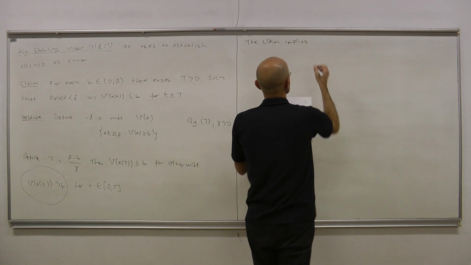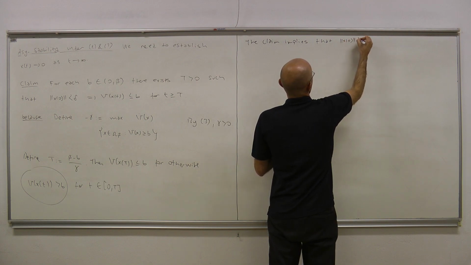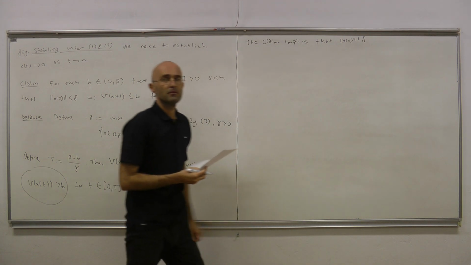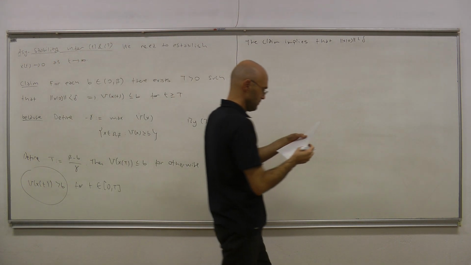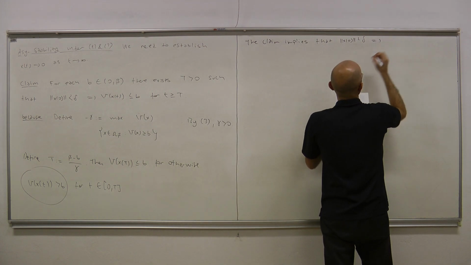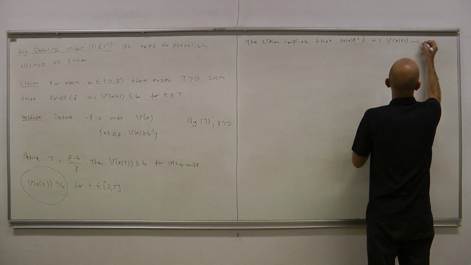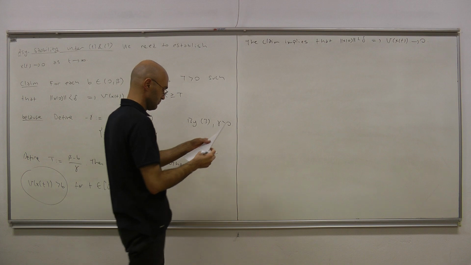The claim implies that if you start from an initial condition such that the norm of x0 is less than or equal to delta, v of x of t should converge to 0. And why is that?